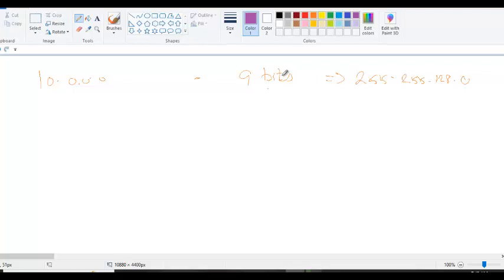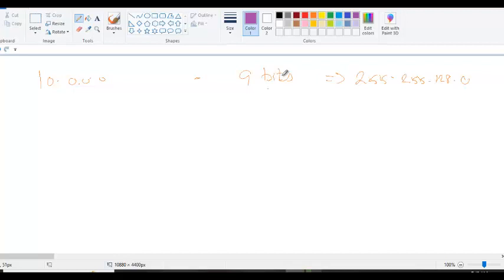If you borrow 4 bits, what will be the number of subnets? 2 to the power of 4 minus 1. How many subnets? 15. If you borrow just 4 bits, you will get 15 subnets.